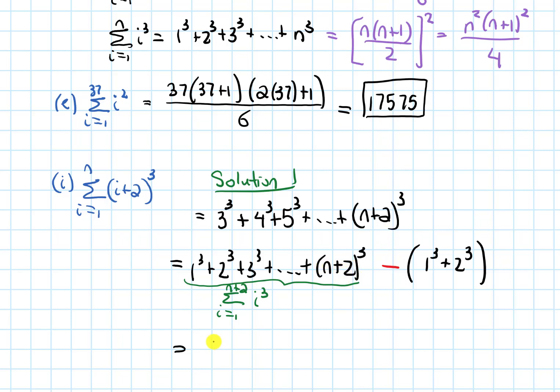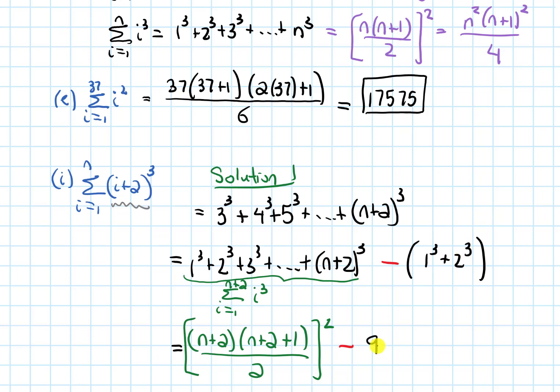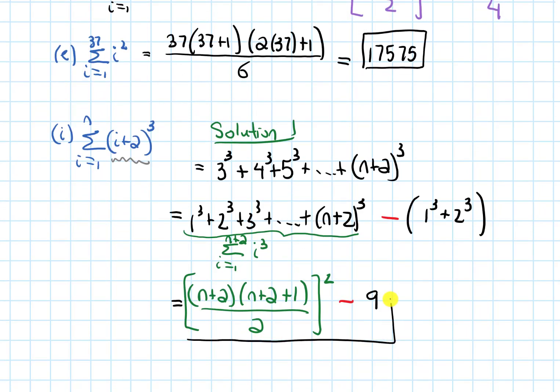All right, so that is going to give us (n plus 2) times (n plus 2 plus 1) over 2, that whole thing being squared, and then minus (1 cubed plus 2 cubed), that's going to be 9. Okay, and that is our answer. This question didn't say we had to simplify it, so it'd be fine to leave it like this.